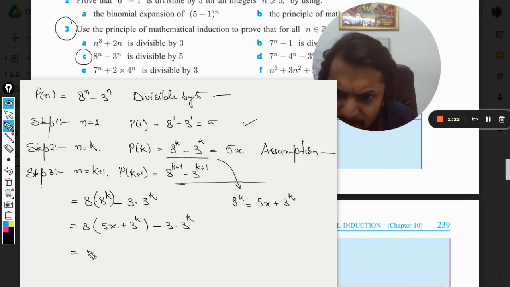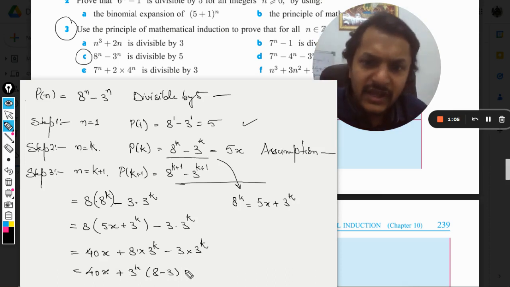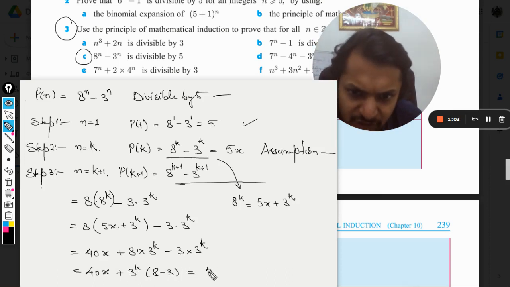So now we multiply: 8 fives are 40, plus 8 multiply by 3 raised to power k minus 3 multiply by 3 raised to power k. So I take 3 raised to power k common here, and it will come out to be 8 minus 3, which gives you 5. So I can take 5 common from this.